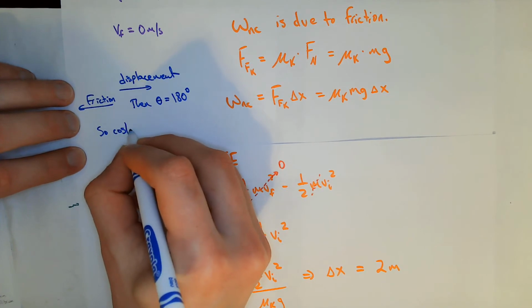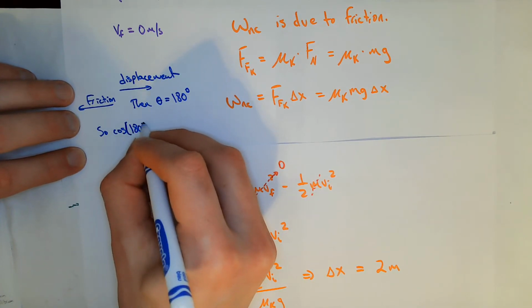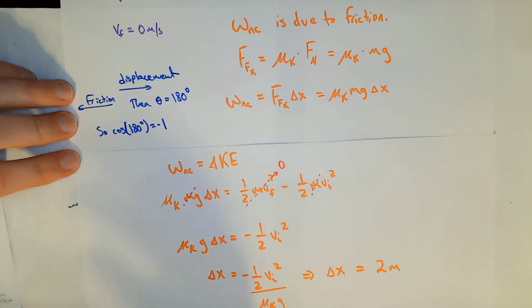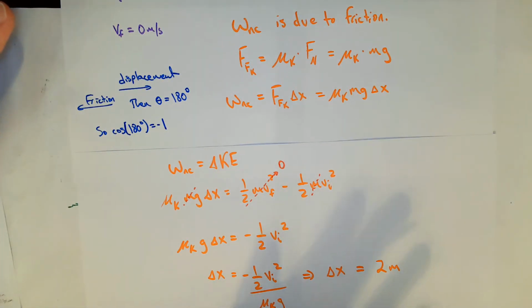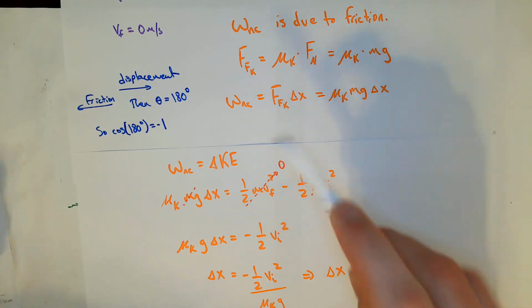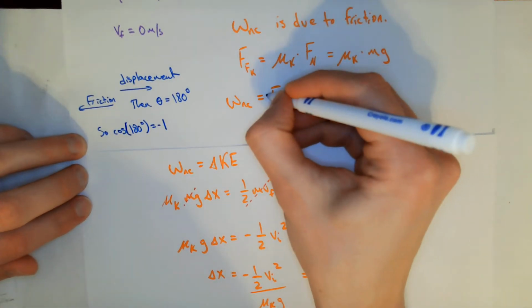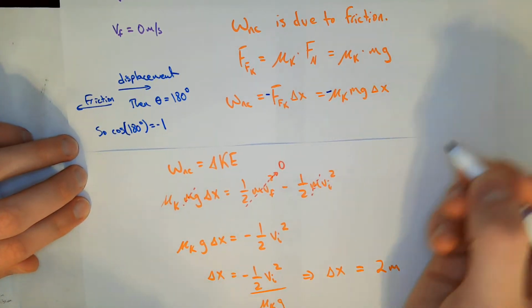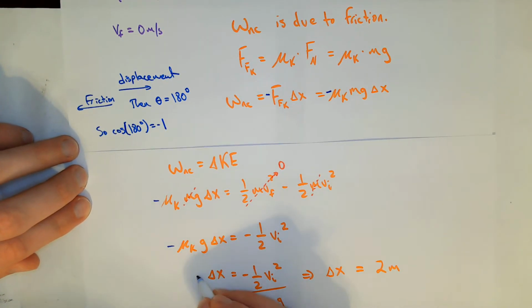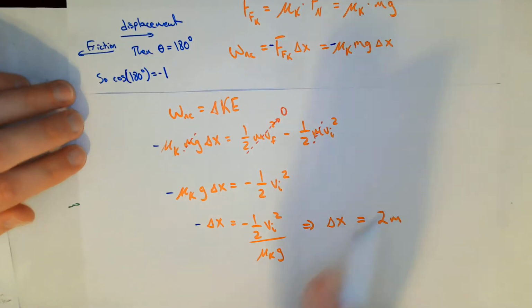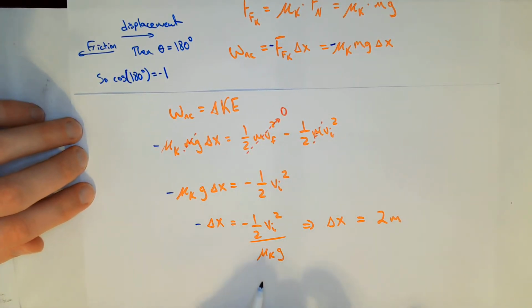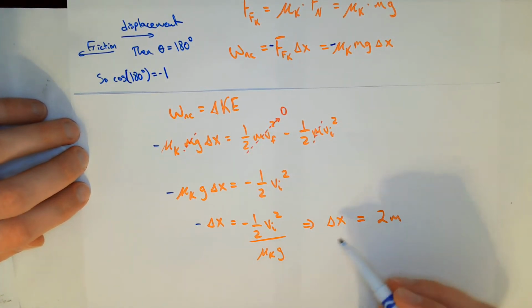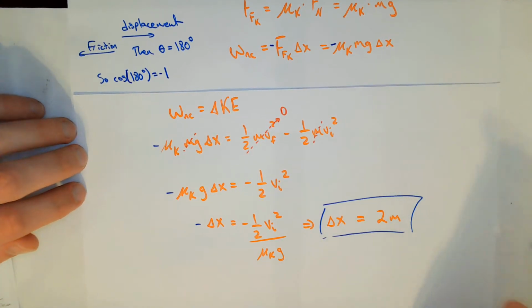Cosine of 180 gives me -1. All it means is that since my displacement is exactly opposite to my force, I should have put a negative right here, and that negative would have been here, and here, and here, and that would have cleaned up my negative situation so that I end up with a positive solution.